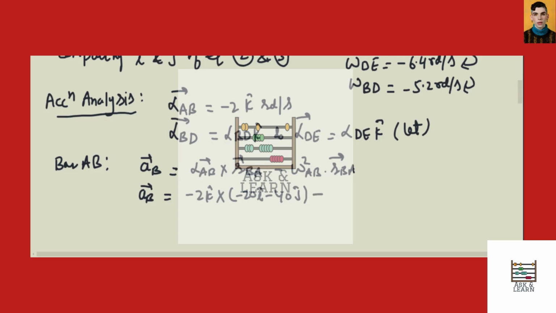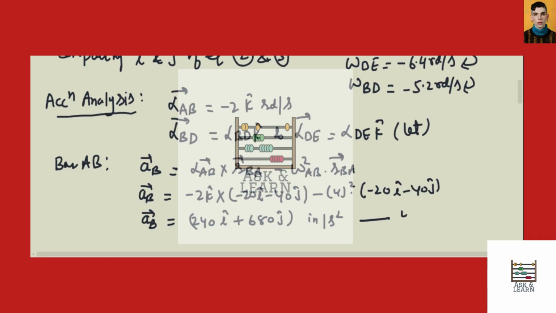Omega is given as 4, so minus 4 squared times minus 20 i cap minus 40 j cap. So it would be 240 i cap plus 680 j cap, unit inch per second squared, say equation number 4.